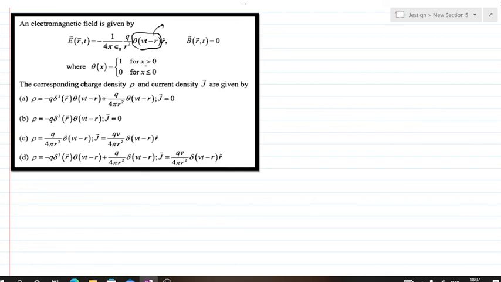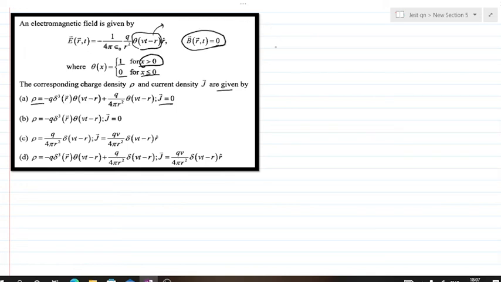That step function is, if x is greater than 0, then the value will be 1, and if x is less than or equal to 0, the step function will vanish to 0. Okay, the corresponding charge density and the current density are given by. The electric field is given, we have to find rho and J, and the magnetic field is 0.